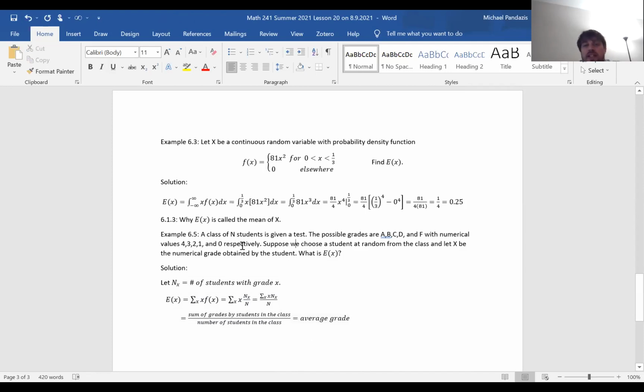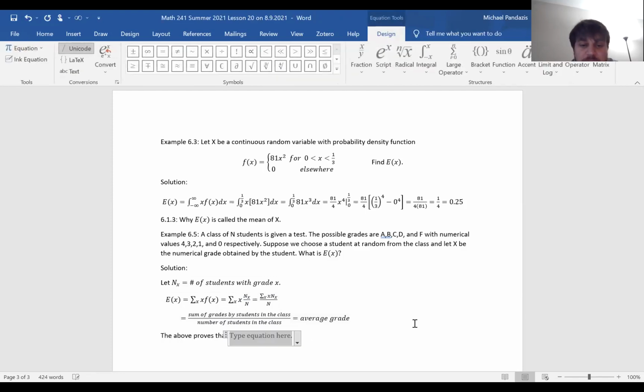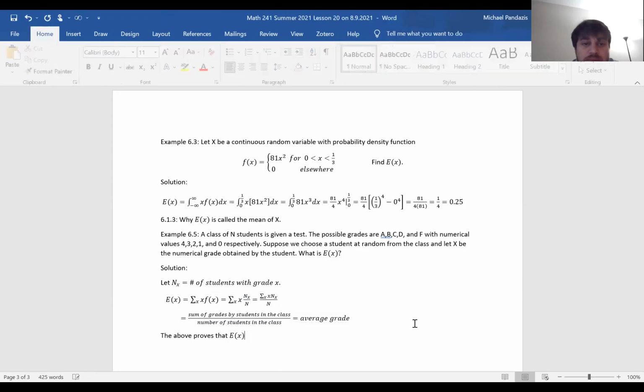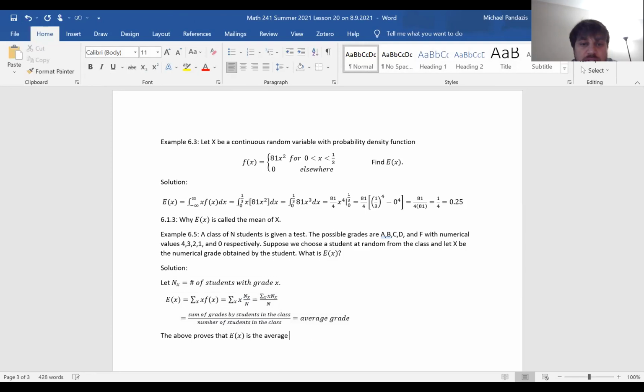Even though I didn't give any of the values, this is a proof. So the above proves that E of x is the average grade of students in the class. As you see in this example, E of x is the average.